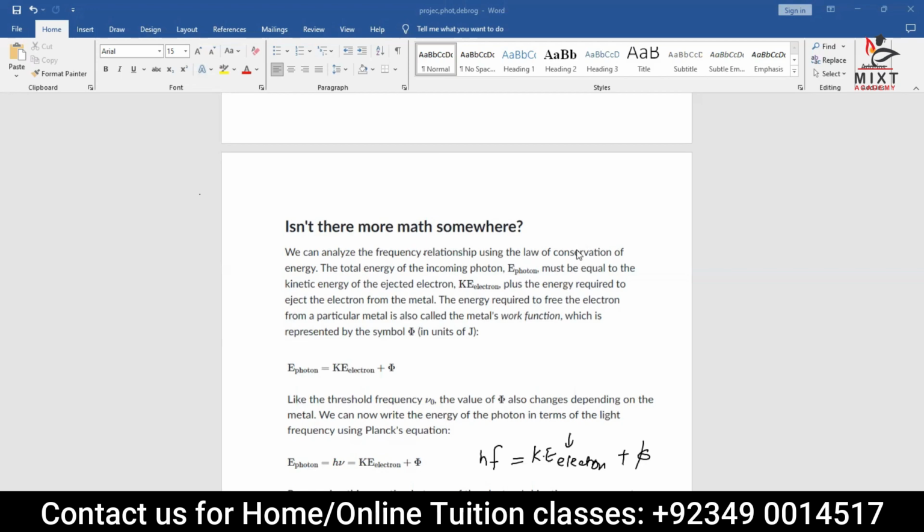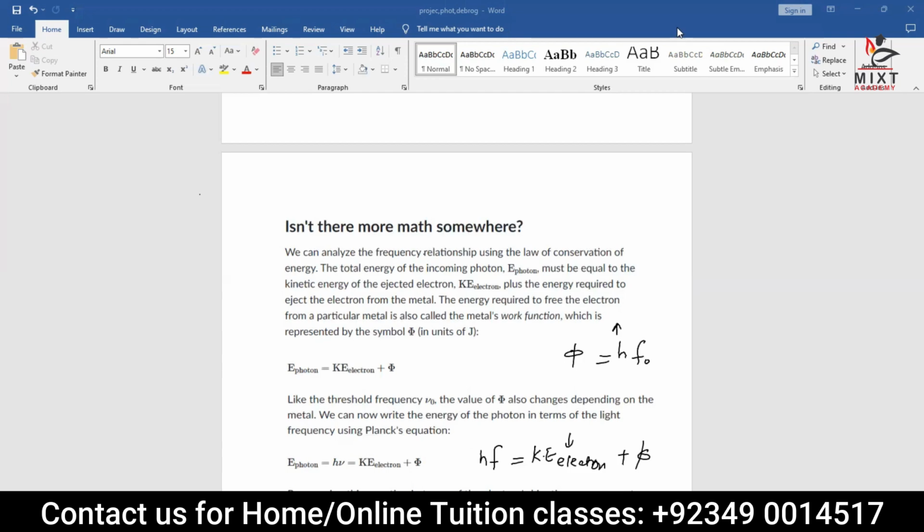So what is the minimum requirement? I was talking about the minimum requirement, that phi must be equal to HF. Because only when this condition is fulfilled will the electron be ready to knock off. If you increase the frequency from F naught to some higher value, then you will get the kinetic energy of the electron.